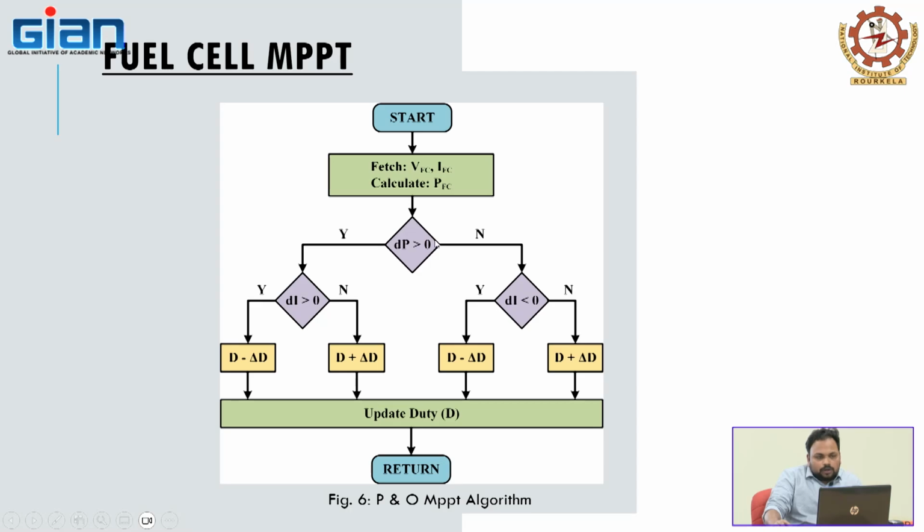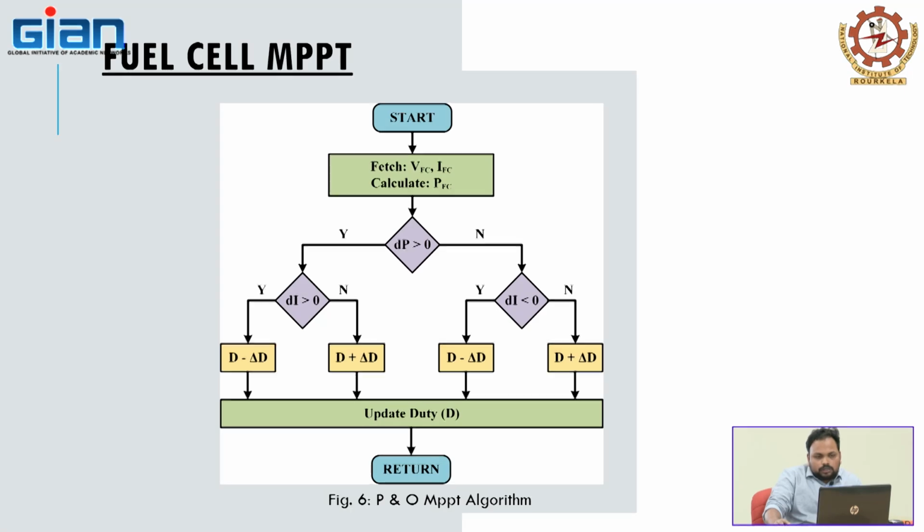After calculating power, we first compare the power, that is, whether the change in power is greater than 0 or not. If it is greater than 0, then again we compare the change in current. As in the previous session, we saw that P&O also works for the PV system, but there we check the change in voltage with respect to the change in power.